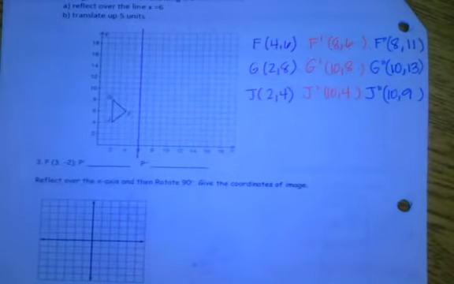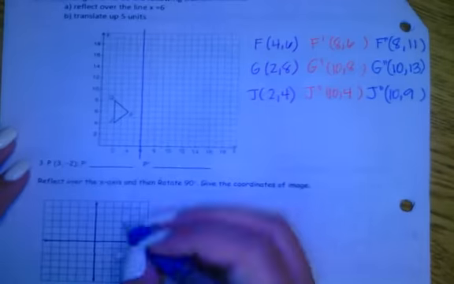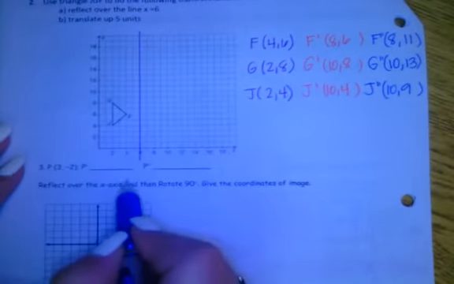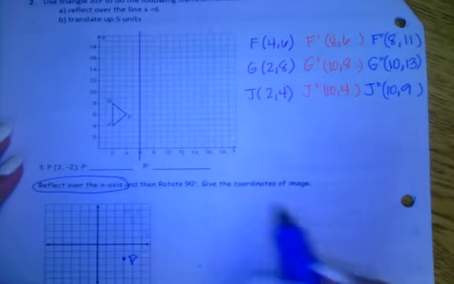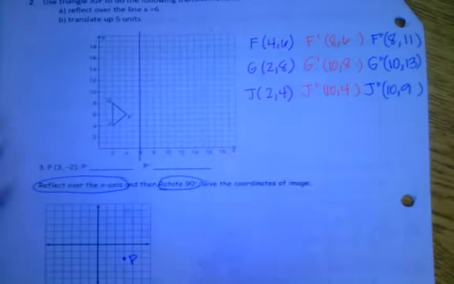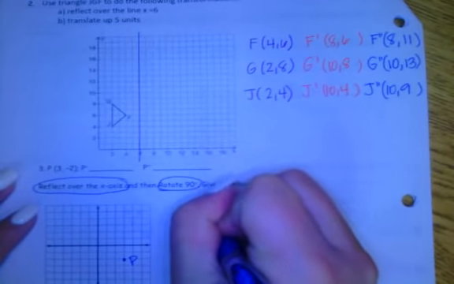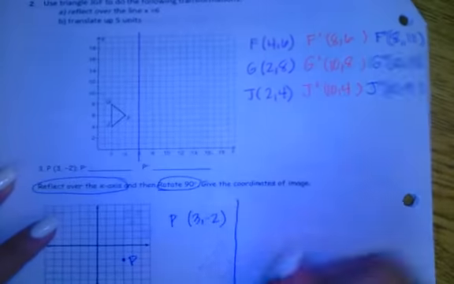Alright. Number 3, point P is at 3, -2. It wants us to reflect over the x-axis and then rotate 90 degrees. So we have P, 3, -2. We have a reflection over x.